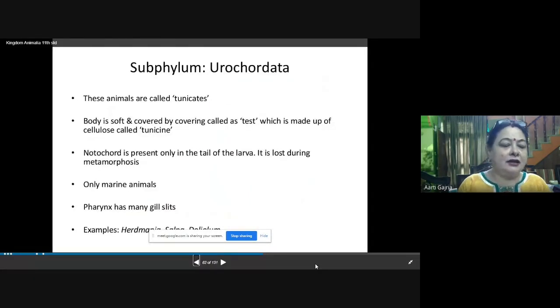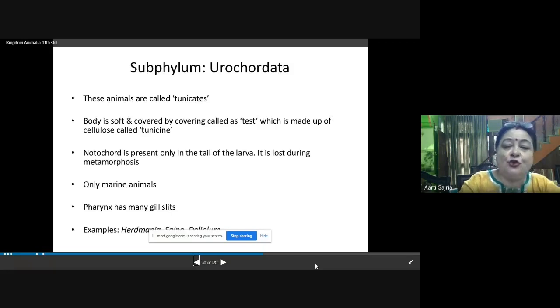These are also called tunicates, Tunicata. The body is soft and covered by a covering called a test, which is made up of tunicin. So their body is soft and it is covered by a covering made up of the cellulose tunicin. And because of this covering, they are called tunicata or tunicates.